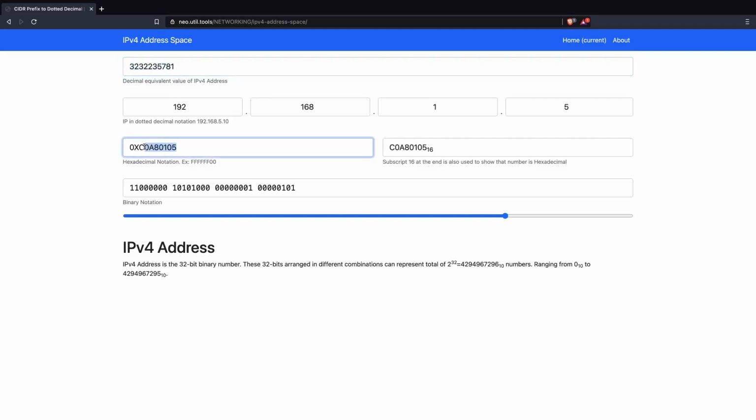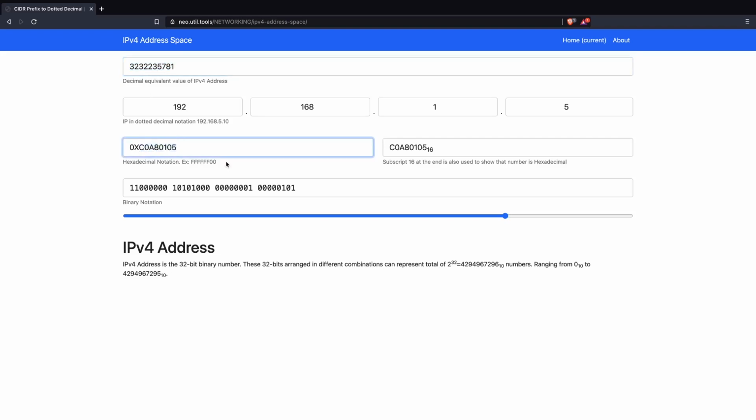Hexadecimal is just a pure number that is represented in our decimal number system. So here is the decimal number system, and this is the hexadecimal number system, base 16.